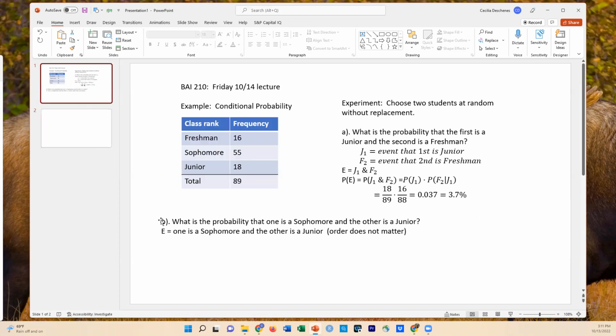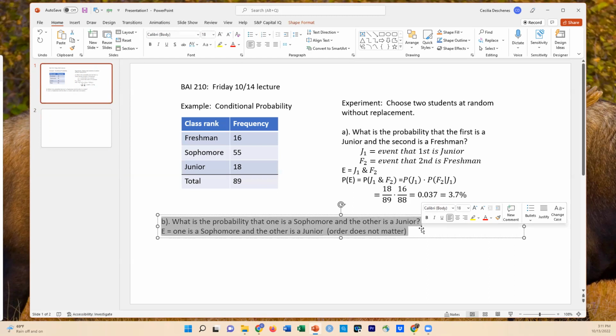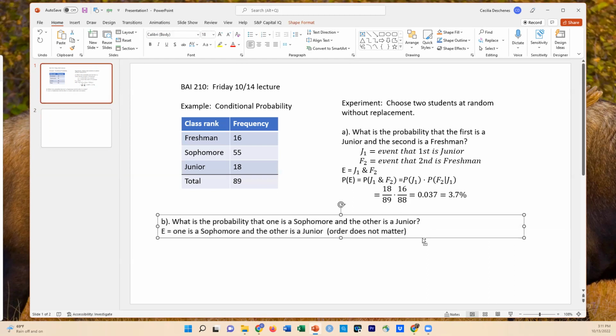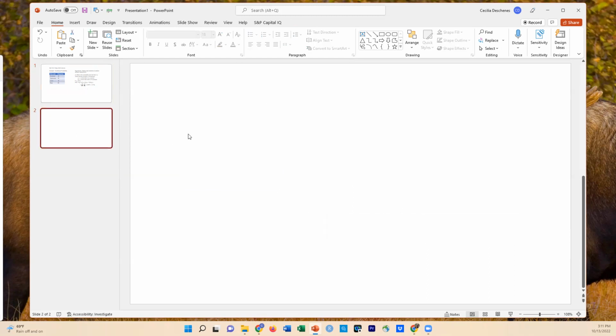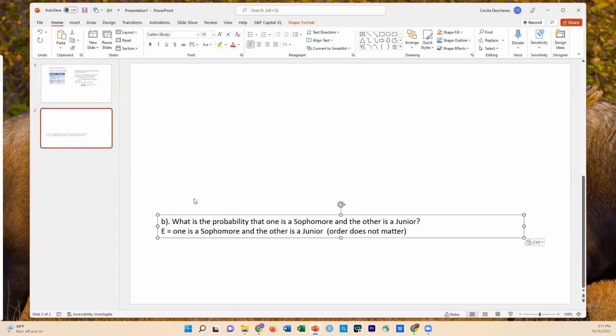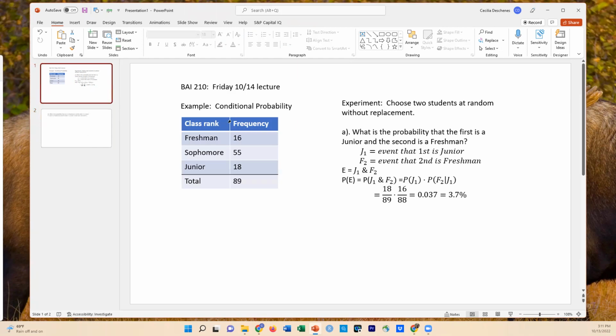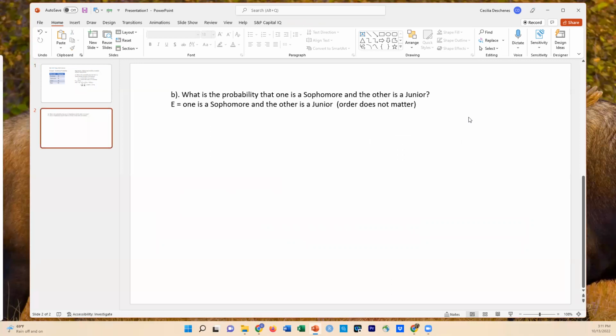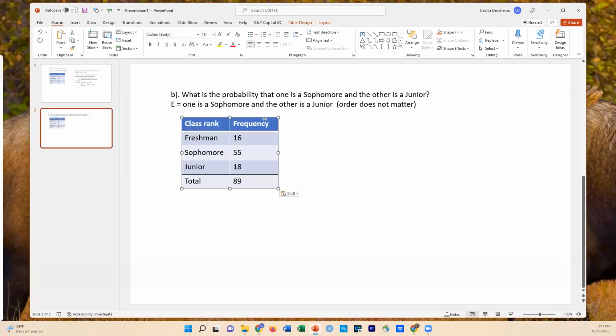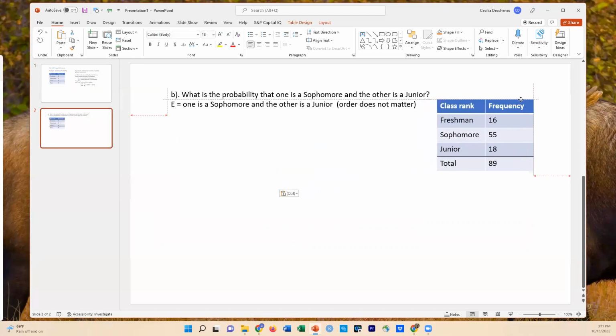It'd be nice to do this all in one. And I'll get the table here as well so that we can remember what it said. All right, let's see if we can draw this.